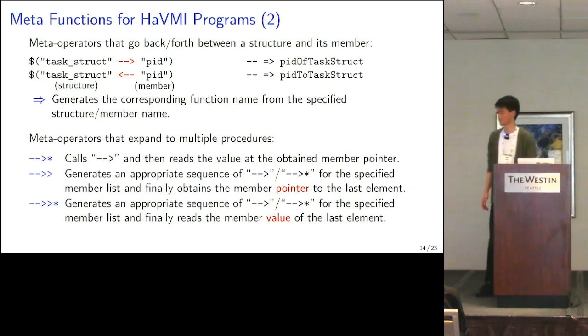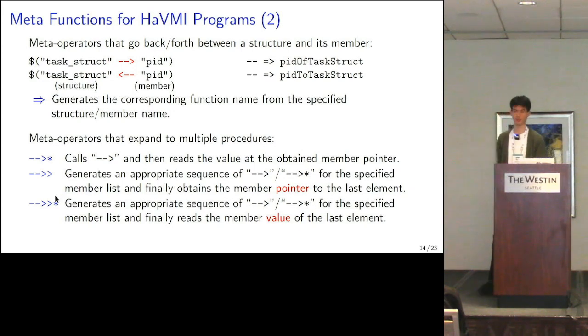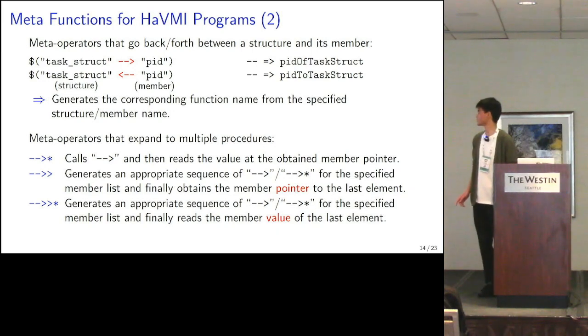Next, the double arrow operator takes a list of members instead of a single member, and it generates an appropriate sequence of the right arrow and right star arrow operators for the specified member list, and finally obtains the member pointer to the last member.